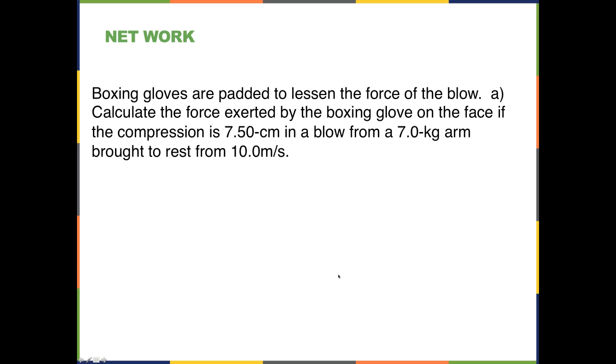Okay, so this is the distance that this happens, and here is the mass, and here's the change in velocity. Okay, so you should be able to use the numbers we just looked at to do this problem.